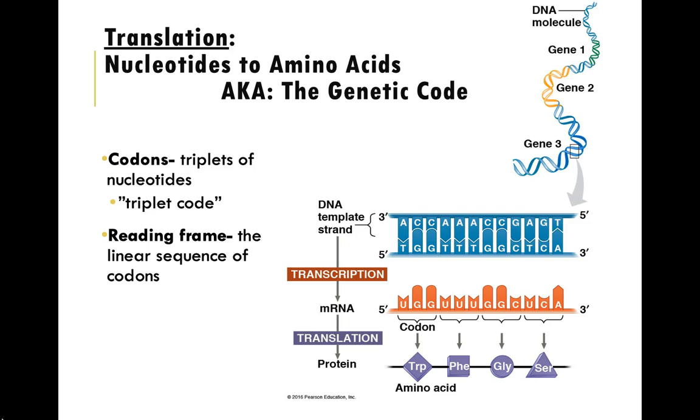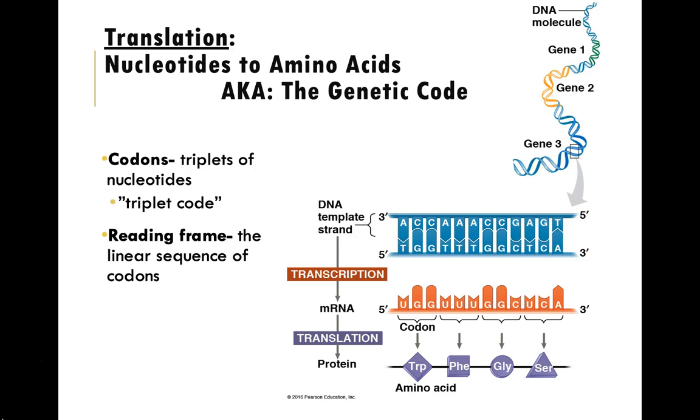Now remember that start codon that we had at the start point that we had in our promoter sequence in transcription. That start point is actually what we call a start codon, and it is a set of 3 nucleotides that's going to say this is the beginning of our sequence. And that sequence is important because it sets the reading frame.